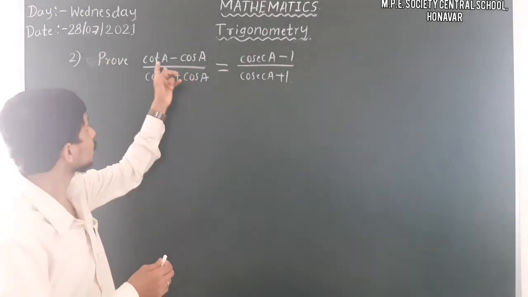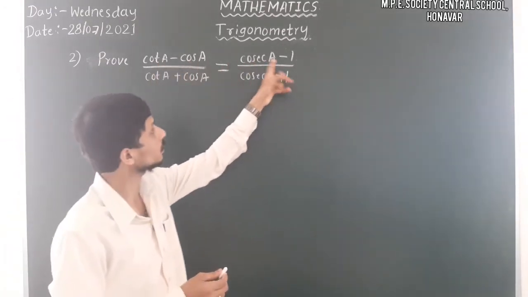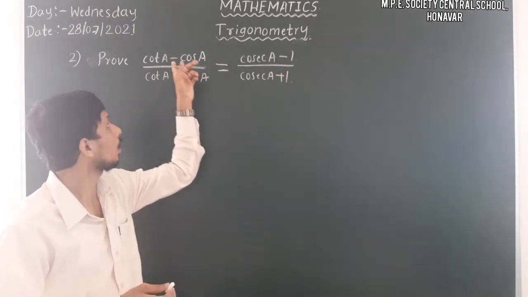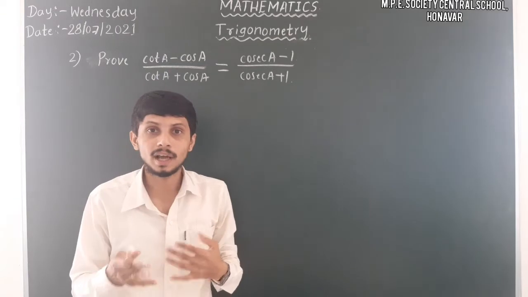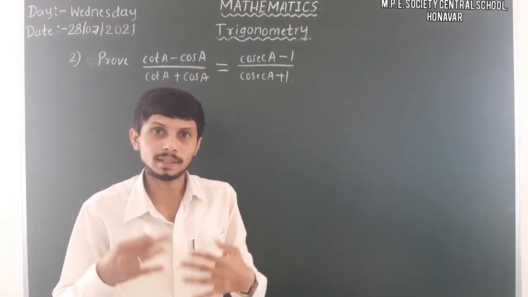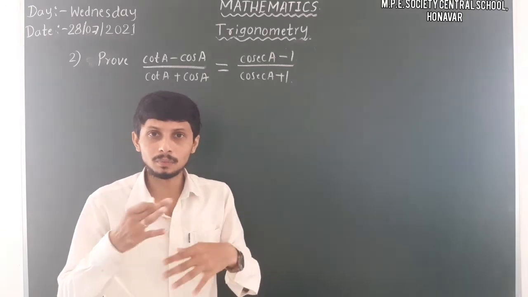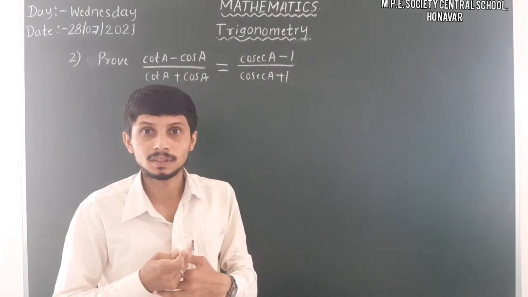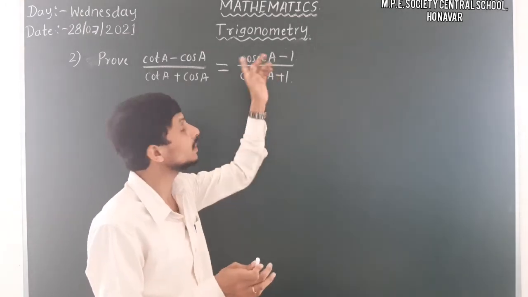Here just observe we have cot A and cos A. Here we have cosec and 1, so better we convert this cot A in terms of cos and sine. Already we know that cot A is equal to cos A by sine A. So we convert that one so that we get sine A. Once you get sine A, you can easily get cosec A here.